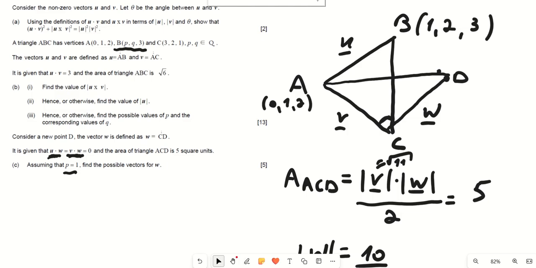So the vector AB, I simply subtract coordinate by coordinate, so it's 1 minus 0, 2 minus 1, and 3 minus 2.